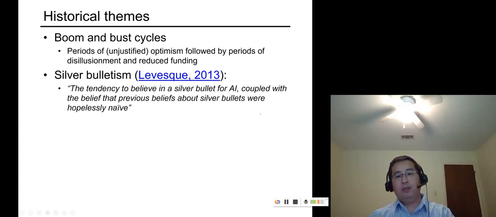Silver bulletism, that means whether we can find a good rule to do this. Okay, the tendency to believe in a silver bullet for AI, coupled with the belief that previous beliefs about silver bullets were hopelessly naive. So this is just like sometimes.